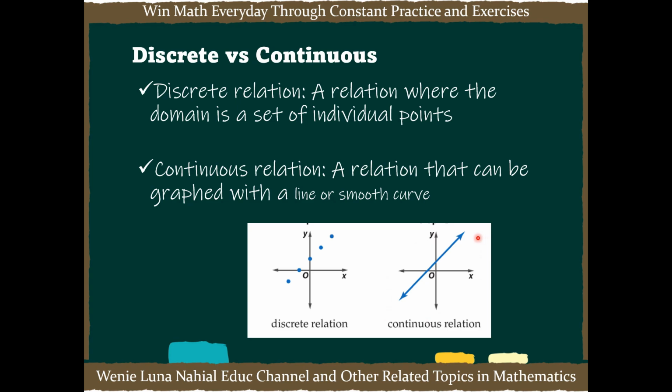While here we can see that we have a set of connected points, and in fact it formed a line here. So by graphing we can determine if the relation is discrete or continuous, like this one.